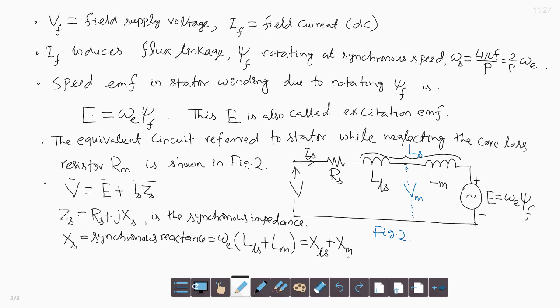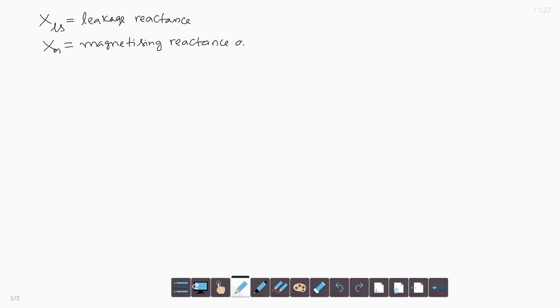In this expression, XLS is the leakage reactance of stator, and Xm is the magnetizing reactance, or armature reaction reactance.